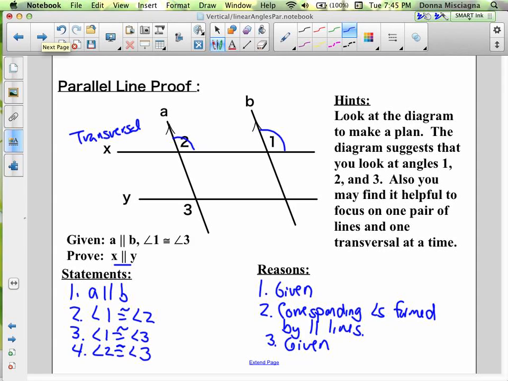Well, why can I make that statement? If you look at the two statements right above that one, notice that both angle 2 and angle 3 are congruent to angle 1. So if you've got two angles that are congruent to the same thing, they have to be congruent to one another using the transitive property.